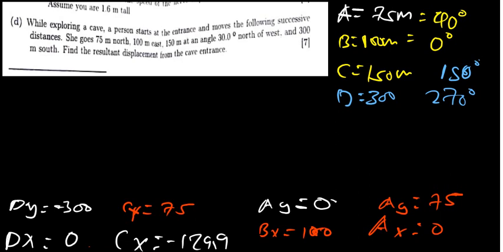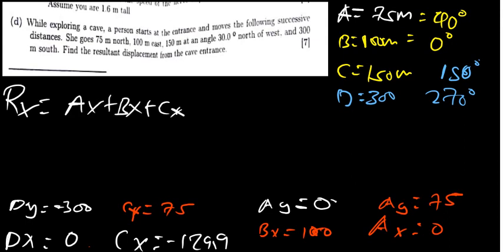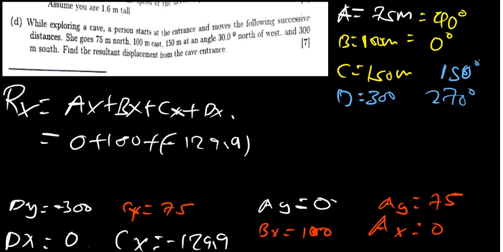The x component of the resultant is going to be ax plus bx plus cx plus dx. So ax is 0, bx is 100, cx is negative 129.9, dx is 0.